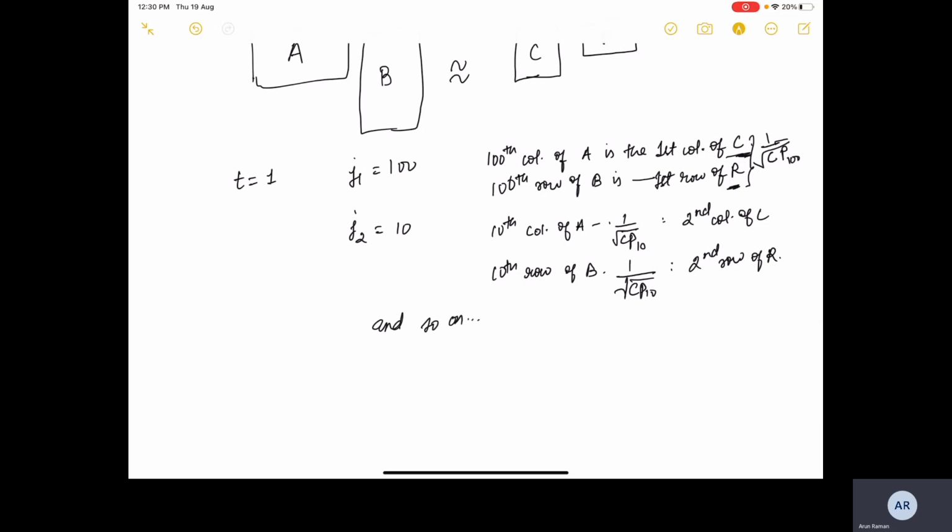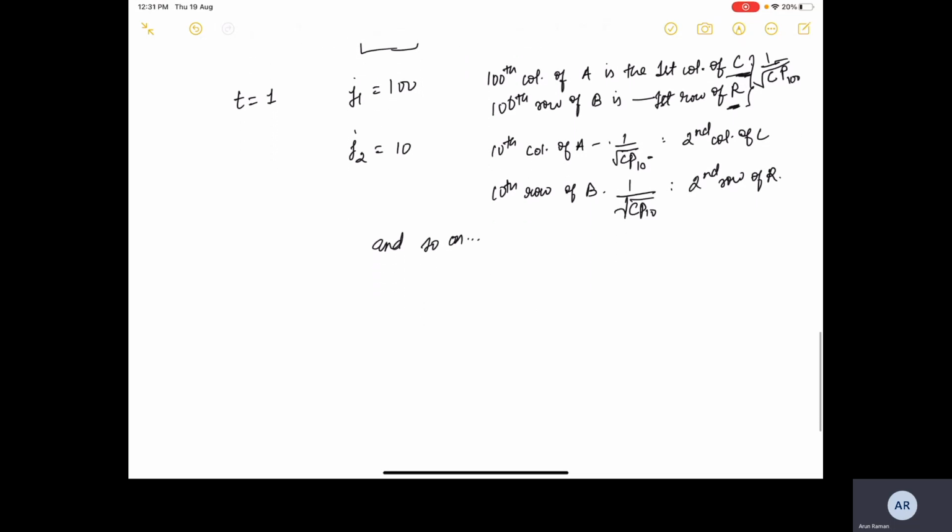There are also different viewpoints of this, in the sense that we include a sampling matrix, which has ones and zeros, and scaling matrices. I'll point you to a reference towards the end where you can read about all those details.